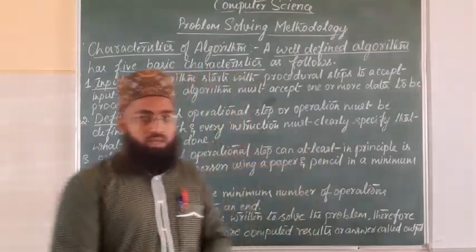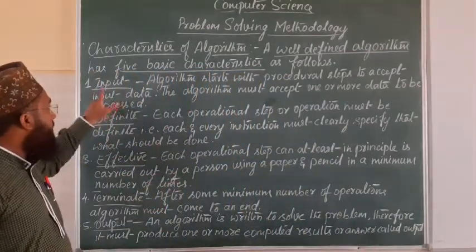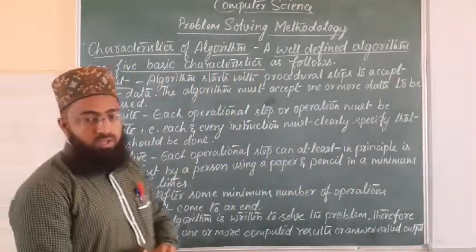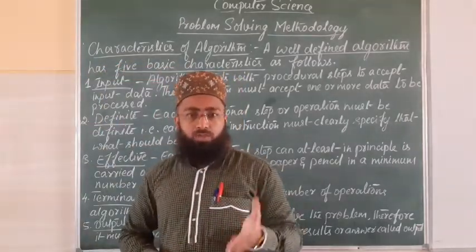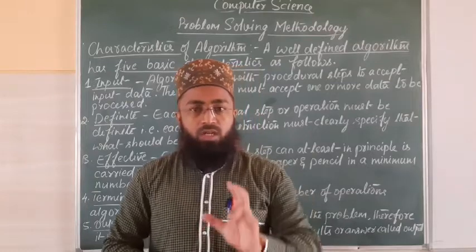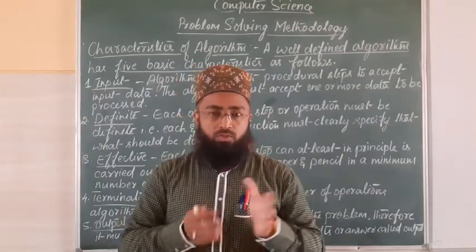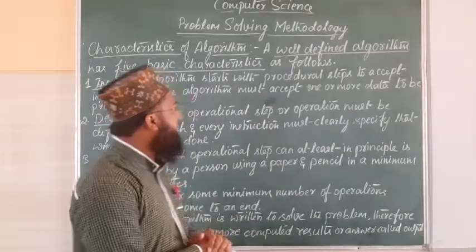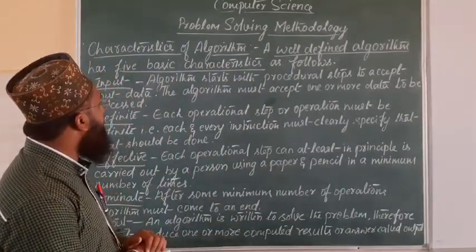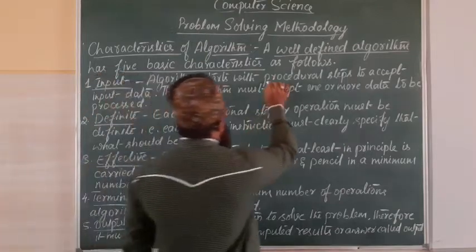What is meant by input? As we know, anything which we feed to the computer is called input. That is for the computer. But what is the input for an algorithm? Here, the algorithm starts with procedural steps.